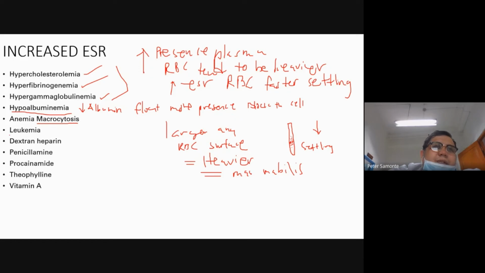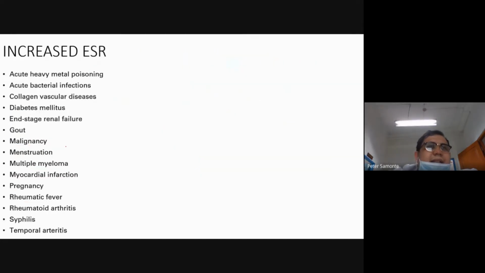Then there's also leukemia. There are also different drugs such as dextran, penicillamine, procainamide, theophylline, and vitamin A. Other possible causes of increased ESR are acute heavy metal poisoning and acute bacterial infection.